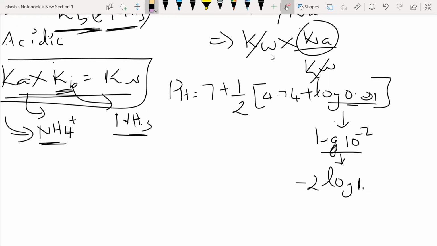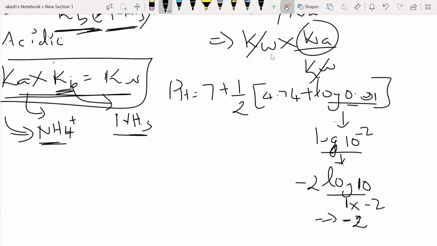Here the power is minus 2. Log 10 value is 1, and 1 into minus 2 becomes minus 2. So log of 0.01 is actually minus 2. So 4.74 minus 2 becomes 2.74. 2.74 divided by 2 becomes 1.37. So 1.37 plus 7 becomes 8.37.